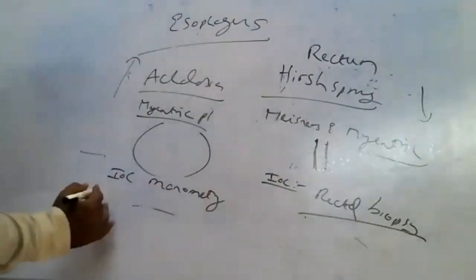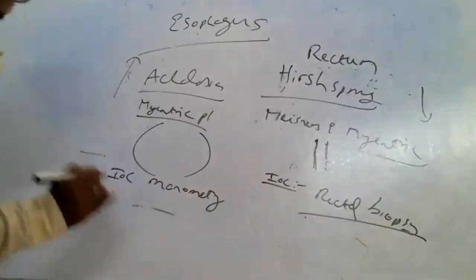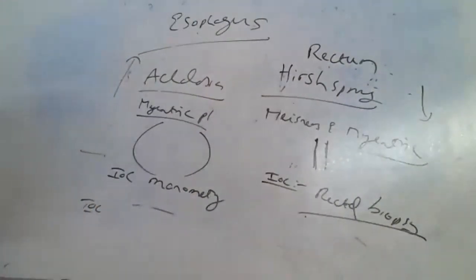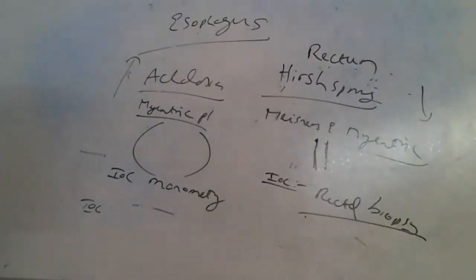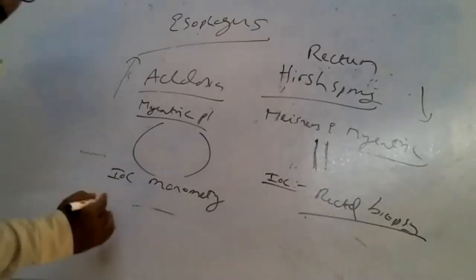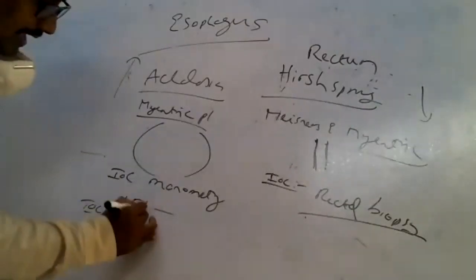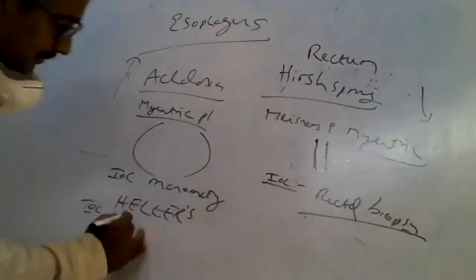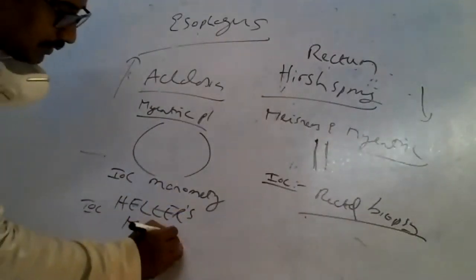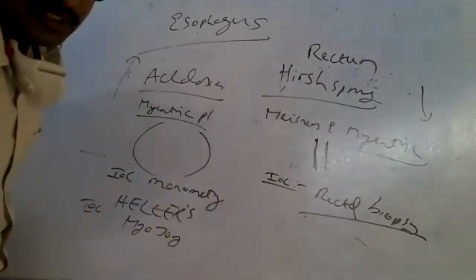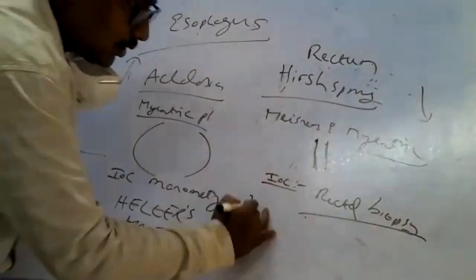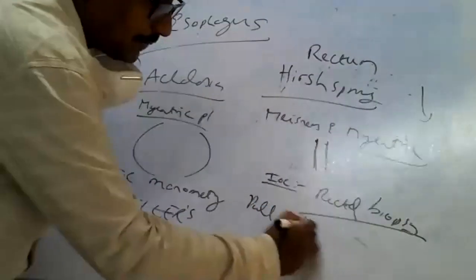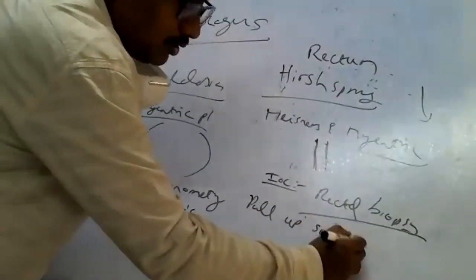So what is the treatment of choice for achalasia cardia? Anybody? Meena? Heller's myotomy. Excellent. Then what is the treatment of choice for Hirschsprung disease? It is pull-through surgeries.